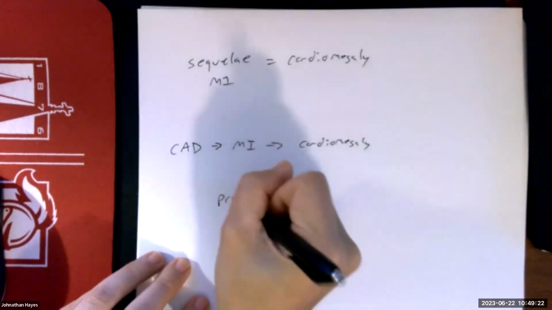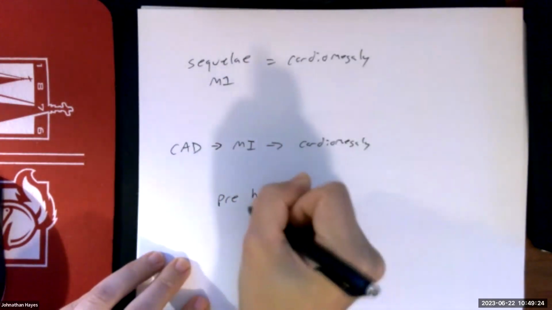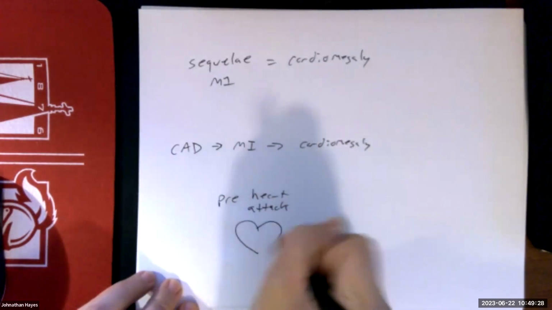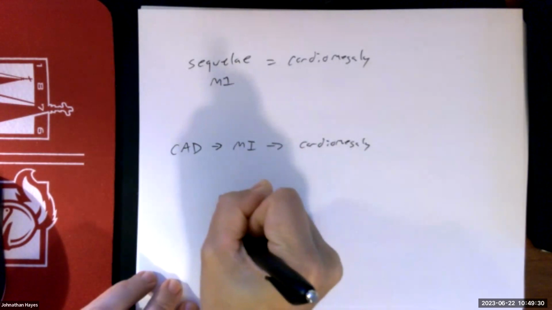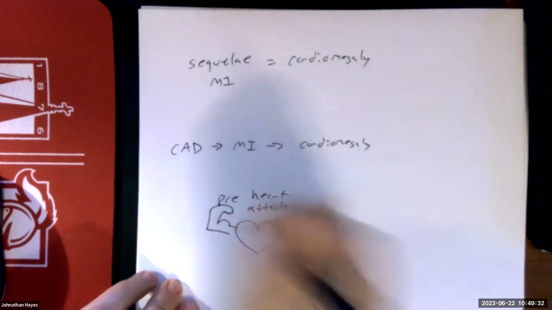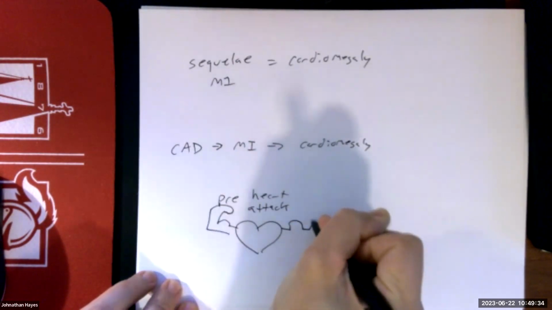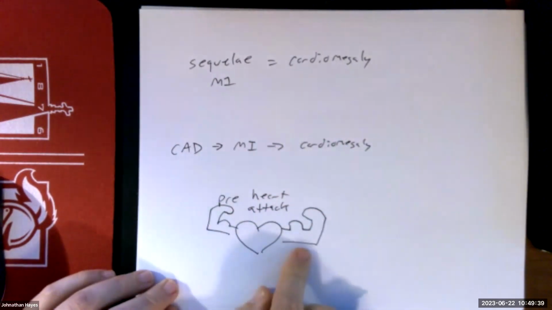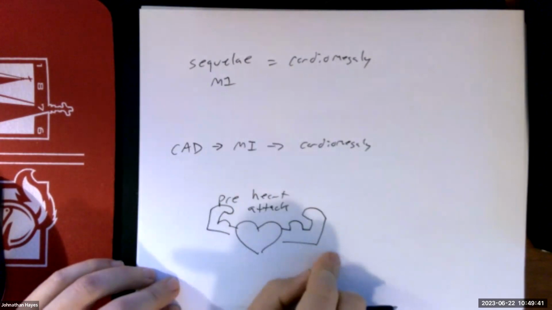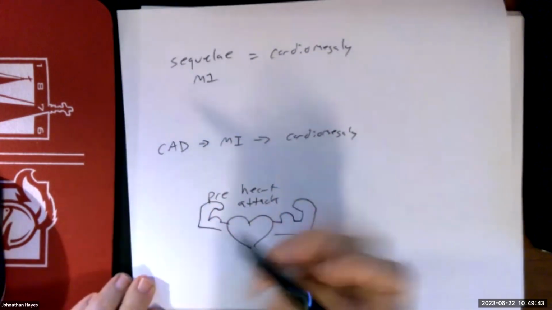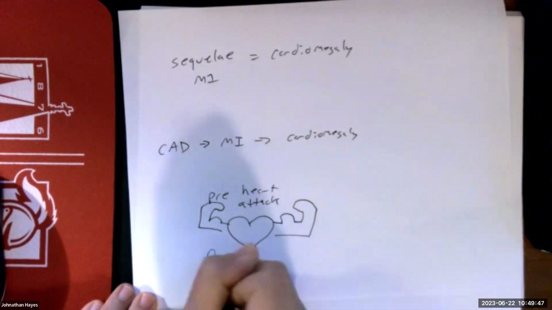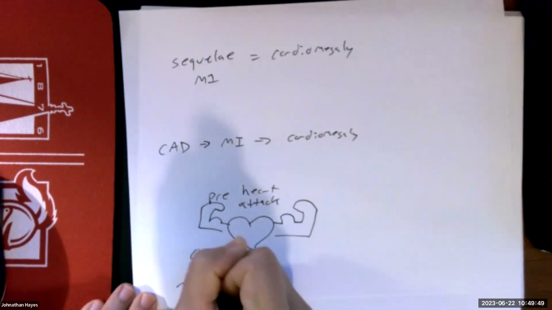Let's say pre-heart attack, your heart was strong, right? These are muscles. Okay. Pre-heart attack, your heart was strong, right? Muscles. Okay. And your heart was adequate between that tug of war between your blood flow and your metabolic demand.